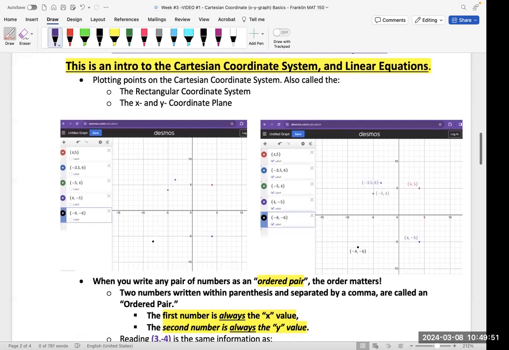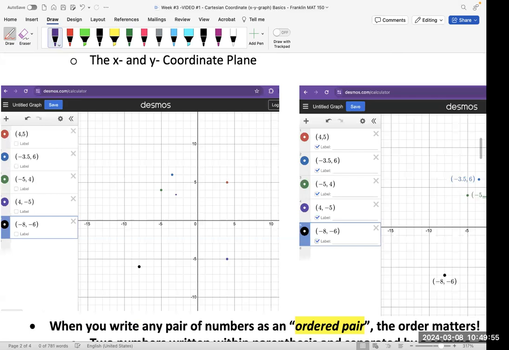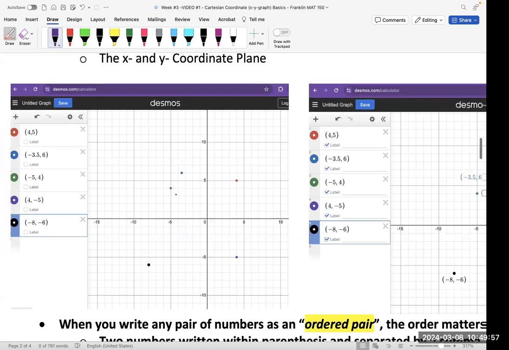So here we are plotting points on the left. We have 4, 5. When you use Desmos.com, and I strongly encourage you to use Desmos.com as you're doing your homework, do not let it become a crutch, but use it like a tool to help you visualize what it is you're doing.